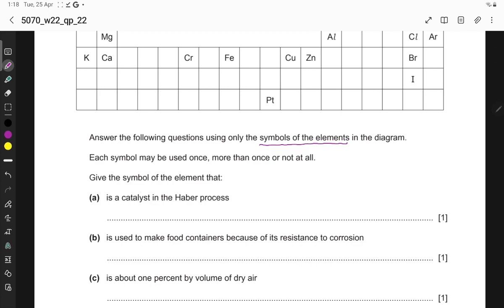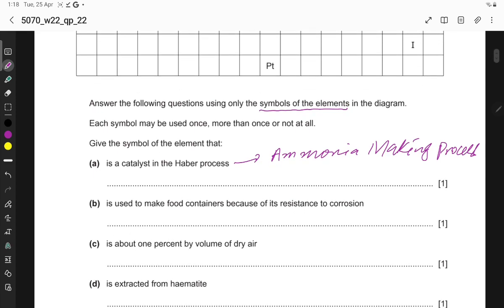Give the symbol of the element that is a catalyst in a Haber process. Haber process, that is the ammonia making process. The catalyst which is used in Haber process is iron.